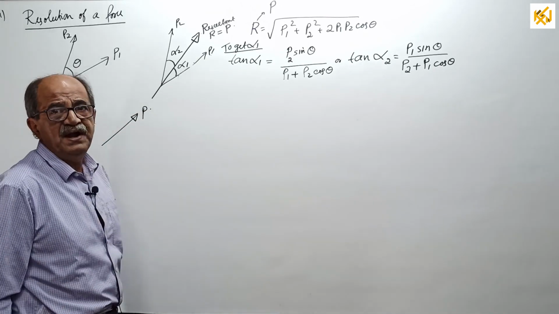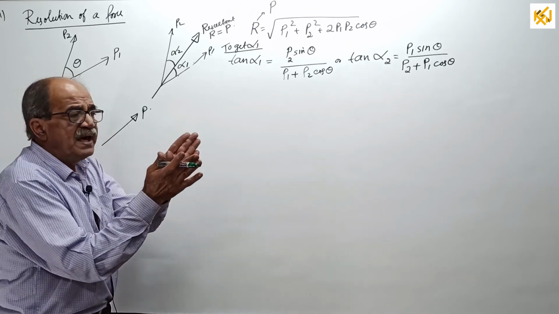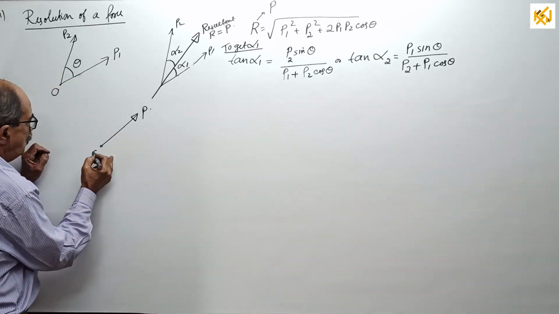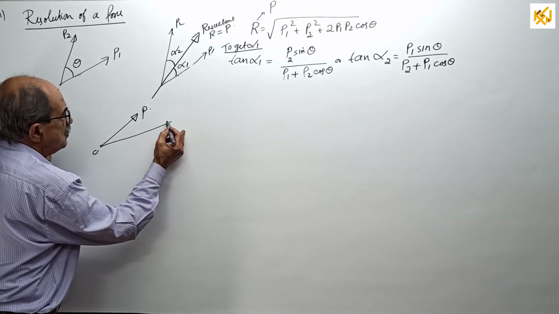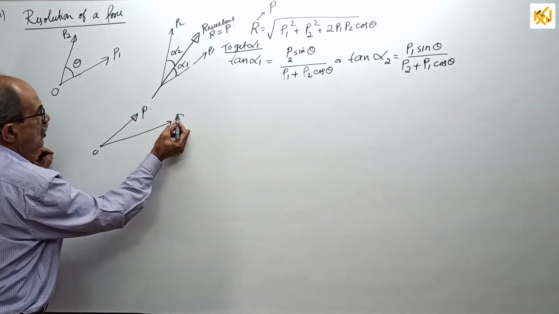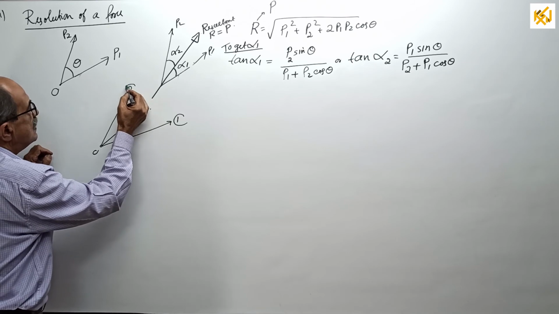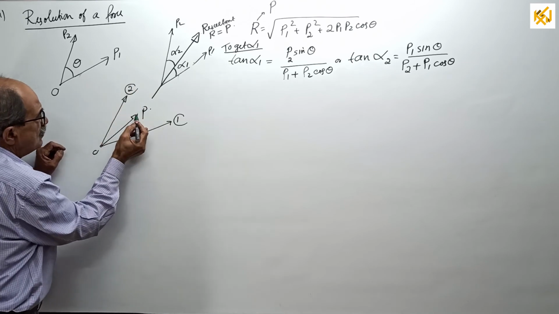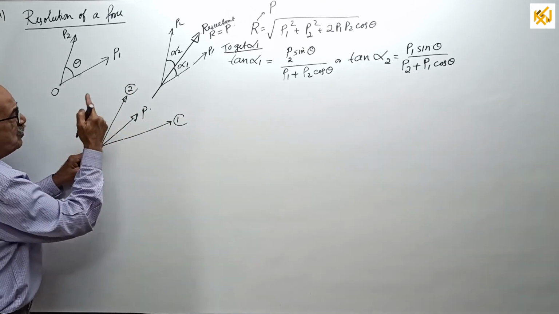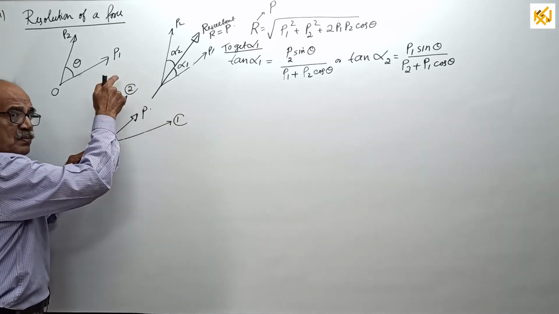Suppose you want components along two directions. I will take point O, this direction as direction number 1, and this is direction 2. For the force P here, you want component along 1 and component along 2.